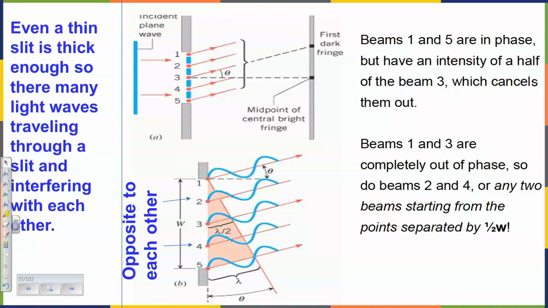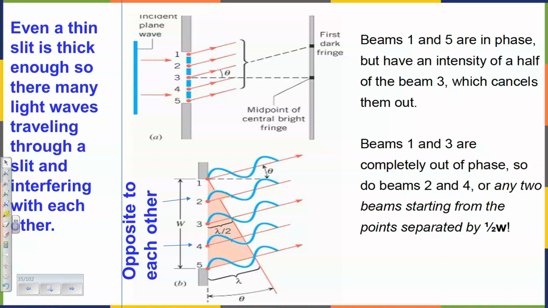Now, what's happening? Even if it is narrow from our perspective, it's still wide enough for a relatively large number of light waves traveling through. And what's happening depends on the direction. This picture represents a specific angle from the horizontal when those waves cancel each other out.